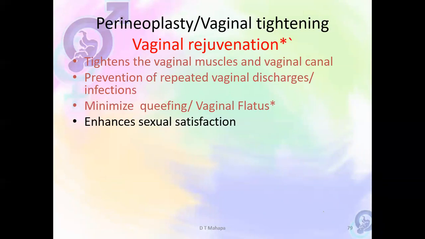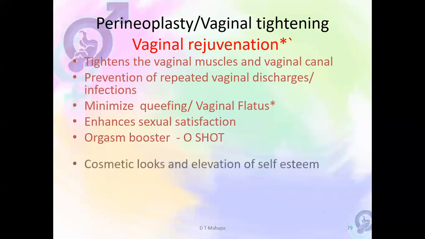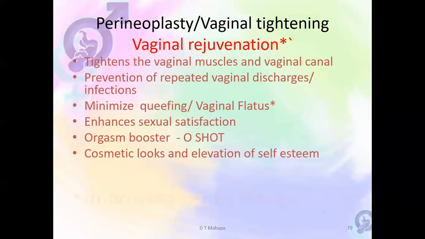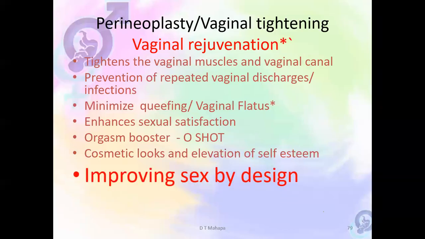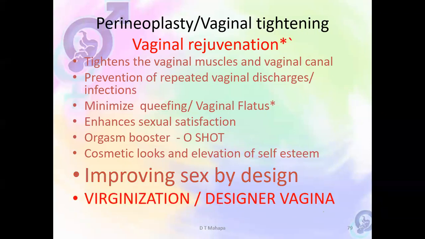And also this procedure enhances sexual satisfaction of both, and it's called an orgasm booster. There's also a procedure which is done together with this, which is called an O-shot. Go and Google it, O-shot, S-H-O-T, which can be done together with the female genital cosmetic surgery to boost the orgasm. And the cosmetic look and self-esteem of any organ, a woman will always want, which they call improving sex by design, or designer vagina, or virginization, which are just names from the lay magazines, because there's no virginization.